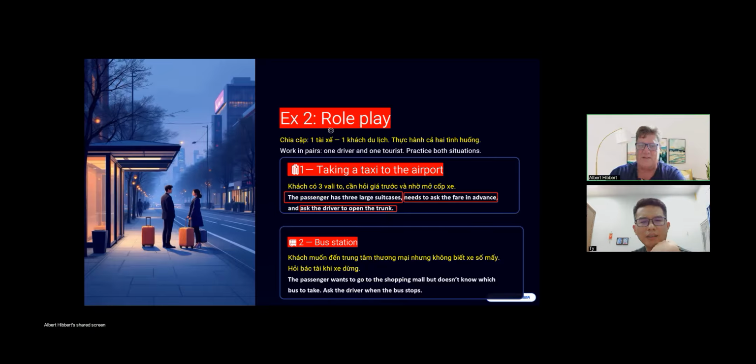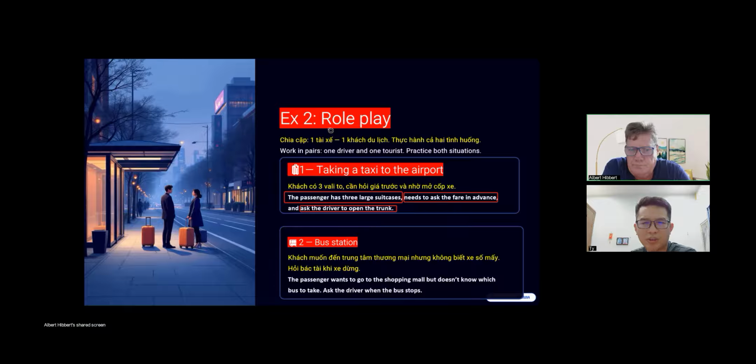Right. Okay, so let's practice this. I am the taxi driver, you are the passenger. Hello, can you take me to the airport? Yes, I can take you to the airport.